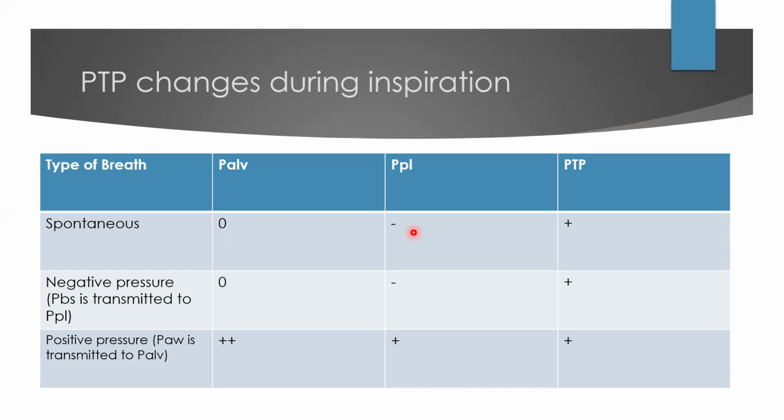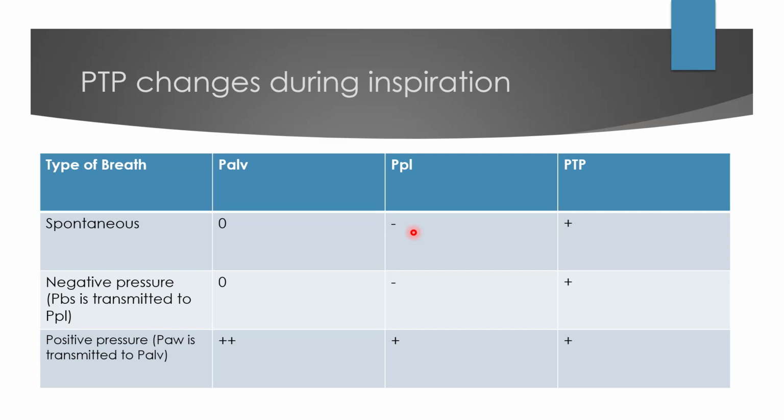So during inspiration, this negative pressure becomes more negative. For example, at rest it is -5. And during normal spontaneous breathing, the diaphragm moves down and the pressure further drops inside the pleural cavity. Suppose it becomes -10. So that negative pressure will be transmitted to the alveoli, and we get a positive transpulmonary pressure, and the alveoli can expand.